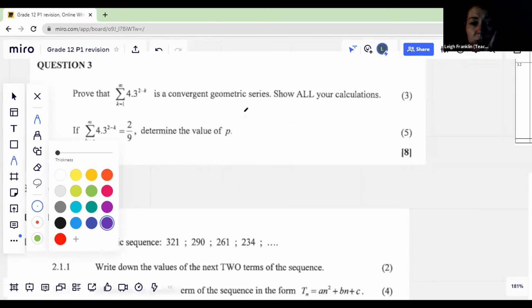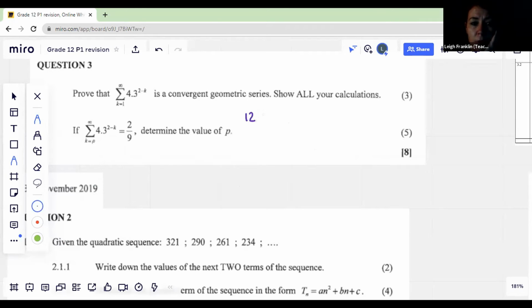Perfect. Okay, so 12 is the first term. Now if you subbed in k as 1, now sub in k as 2. What's our second term? Indeed, 4.